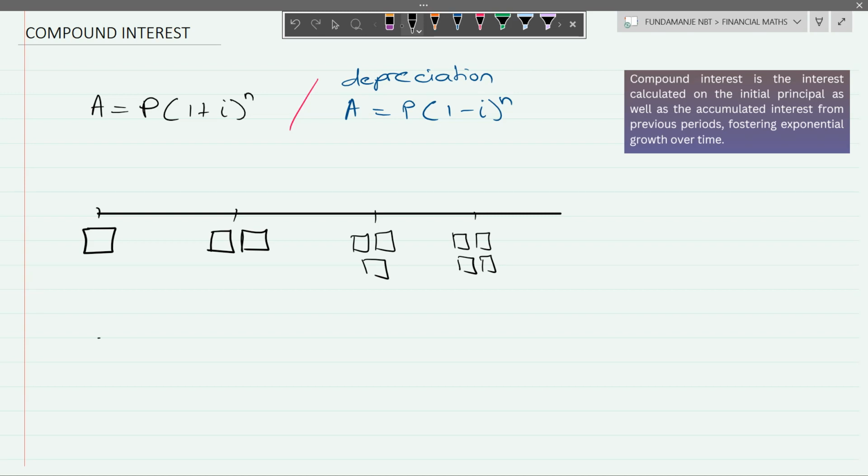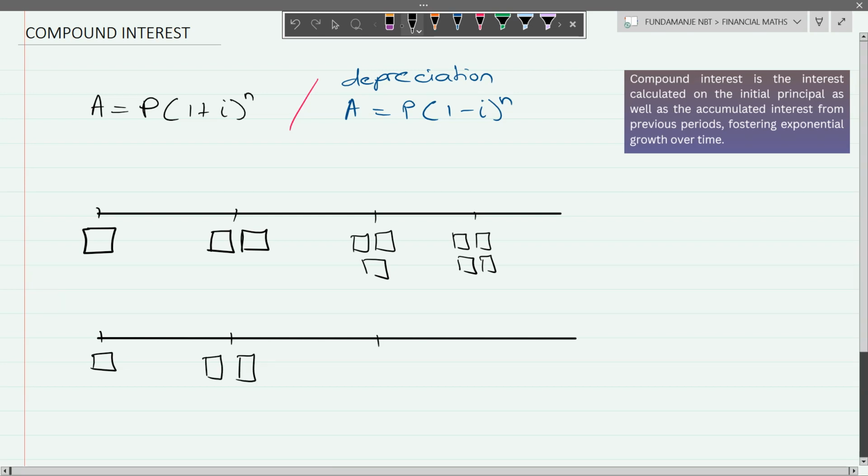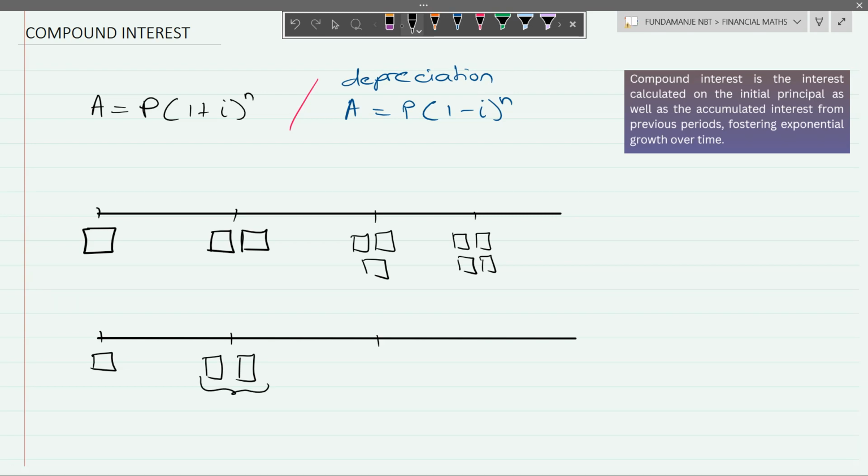But in the case of compound interest, this is what we do. We start off with 1 box, then after 1 year we have 2 boxes. But then on the 3rd year, since now we have 2 boxes, we consider it when calculating the amount of boxes for the following year. In the simple case, we didn't consider how many we had in the previous one.